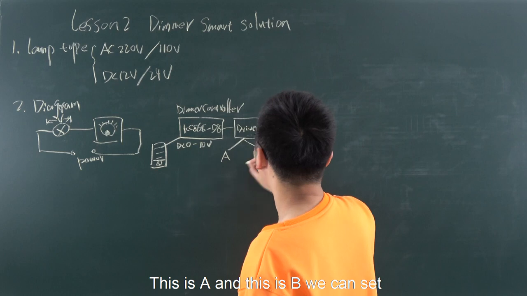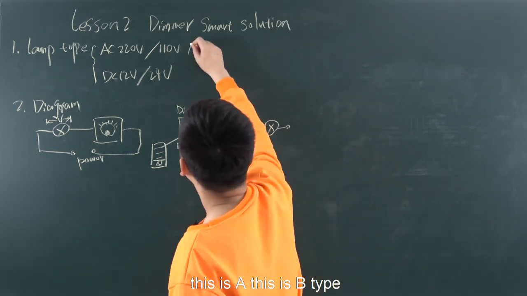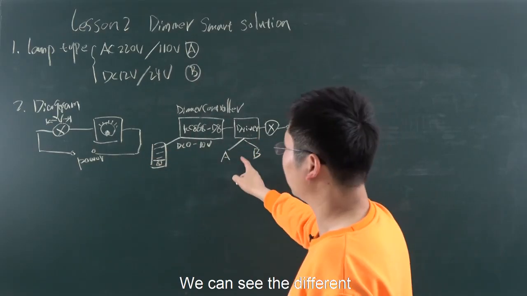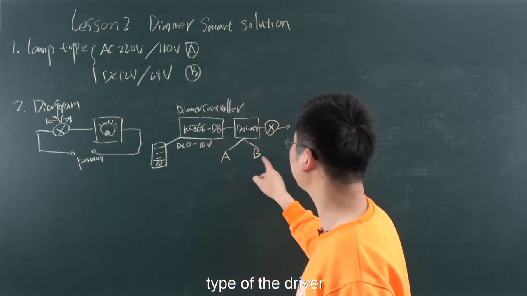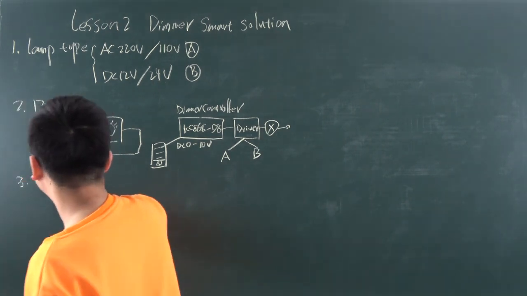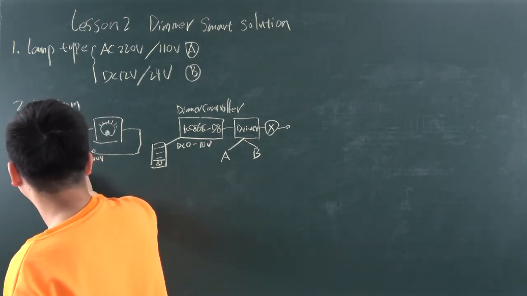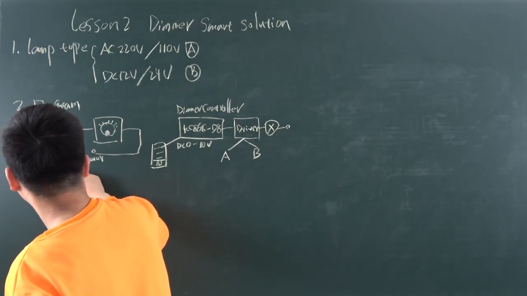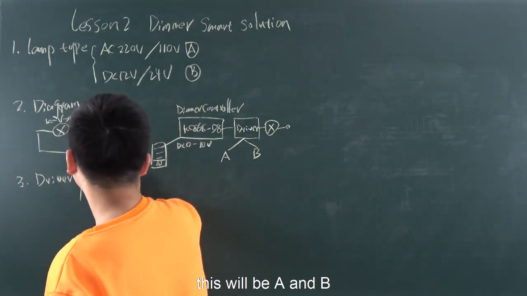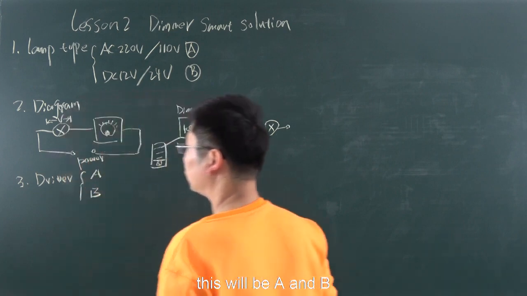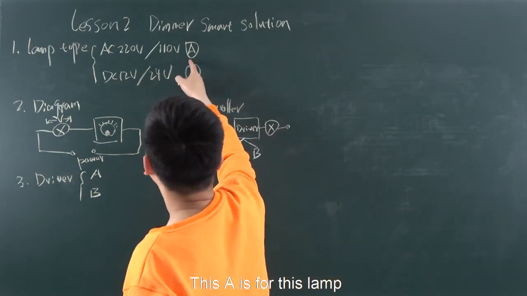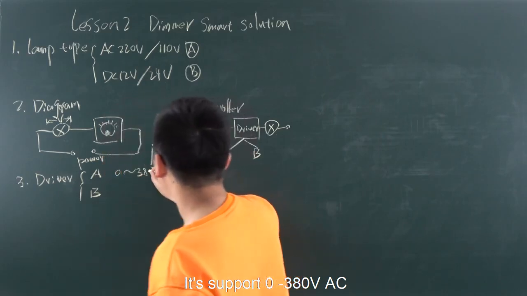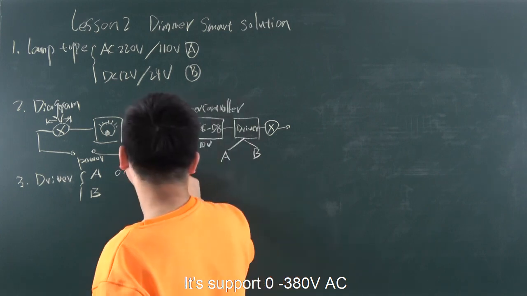This is A and this is B. We can call them A type and B type, so we can see the different types of driver. Type A is for this lamp and supports 0 to 380 voltage AC.